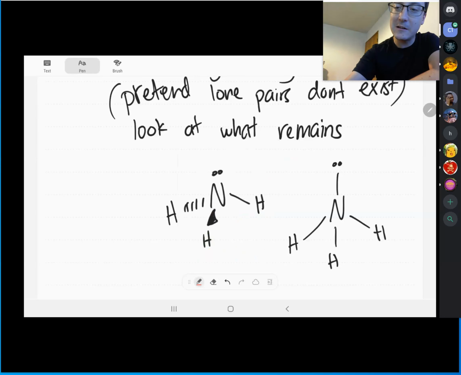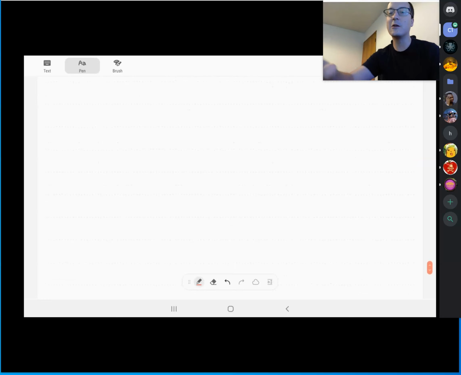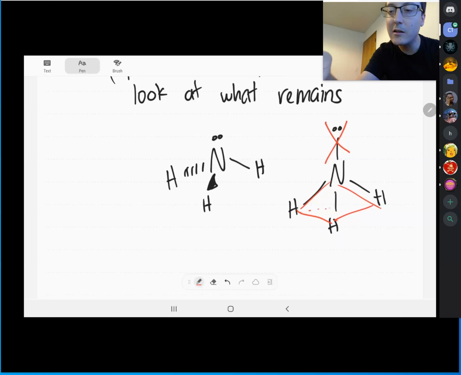What is the rest of the molecule resembling? If we look back at our spinning tetrahedron here, if we pretend the top one doesn't exist, we still have that central atom and 3 atoms kind of a little bit down, right? And so that kind of looks like a pyramid. Yeah, that's kind of what we're going for here. Yeah, pyramid. Cool.